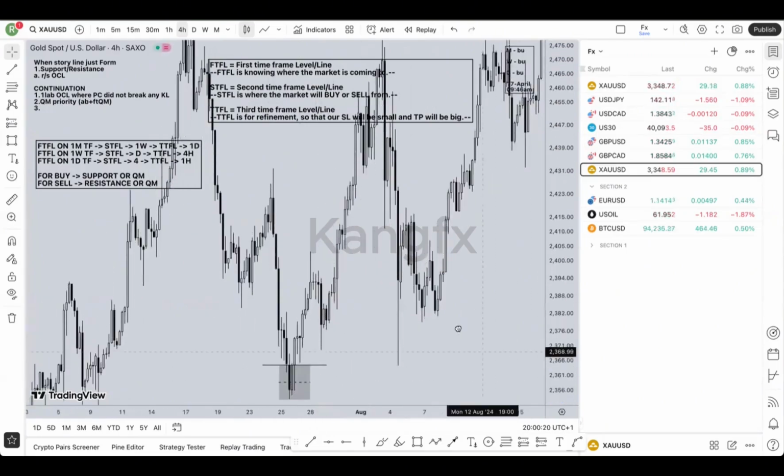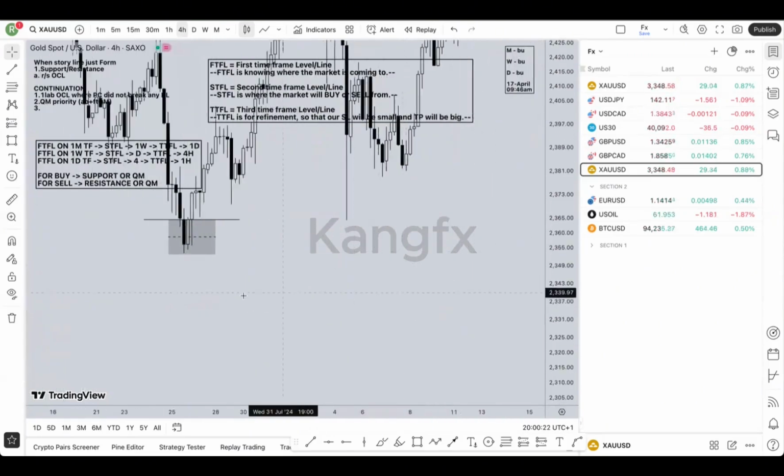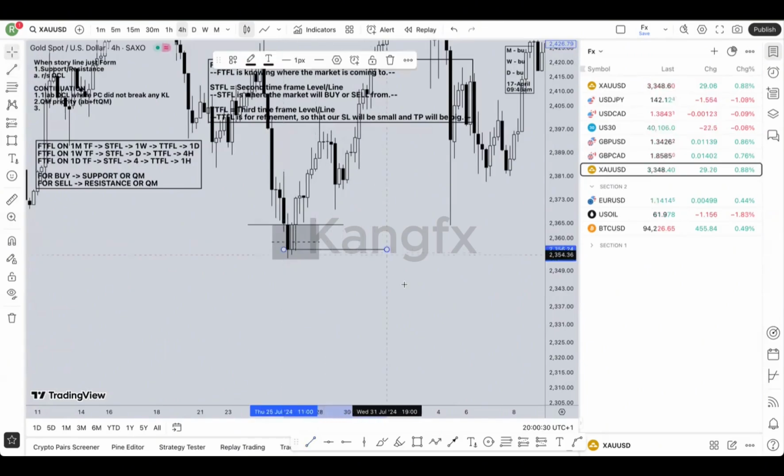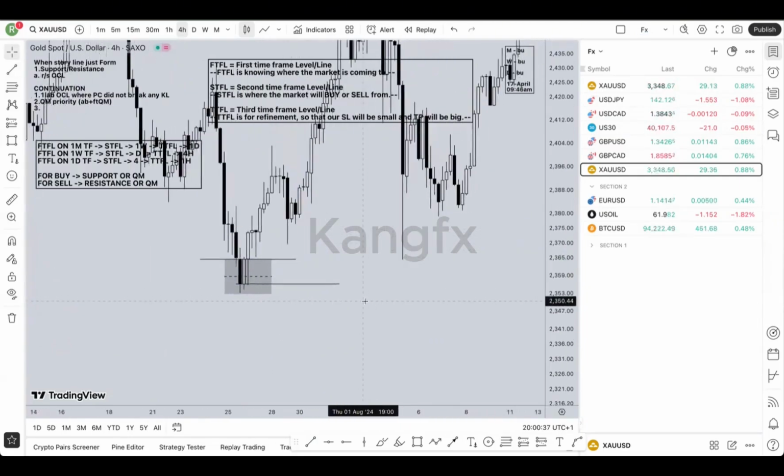Then I have a very perfect support here, which is support that is fresh. Oh, it was tapped already. You see, this is it. So always look for support, resistance or QM inside your FTFL box.